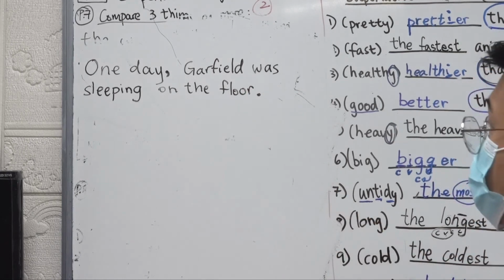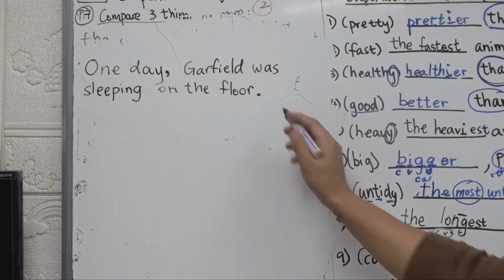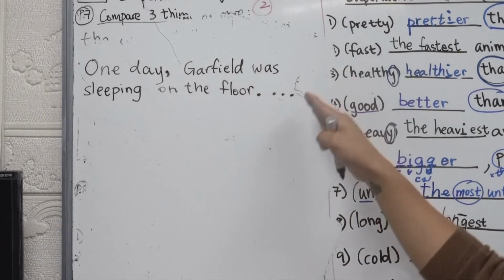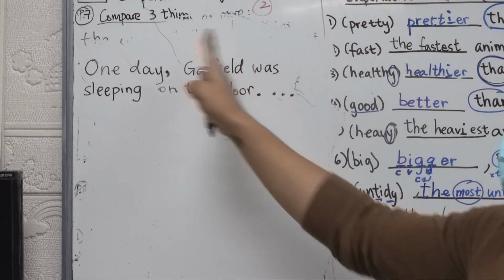Full stop. So this is your opening. One day Garfield was sleeping on the floor. And then you continue with what happened. This part is the continuation of picture 2, 3, 4, 5, 6, and 7. We have 7 pictures to talk about. So this should be your opening sentence.